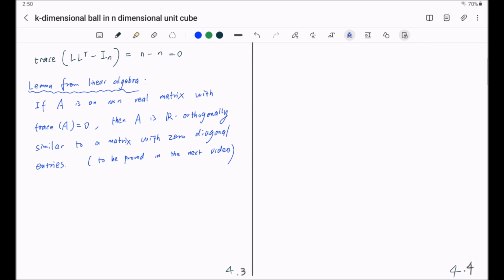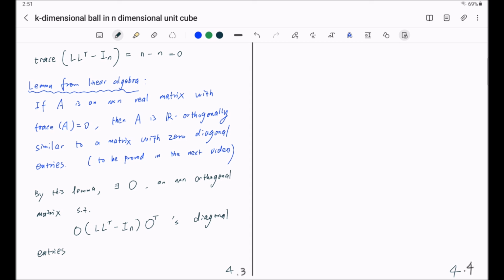But first, it's not hard for us to see that we can use this lemma to finish our solution to this problem. By this lemma, there exists O, an n by n orthogonal matrix, such that O times (L L transpose minus I_n) times O transpose has diagonal entries all 0.